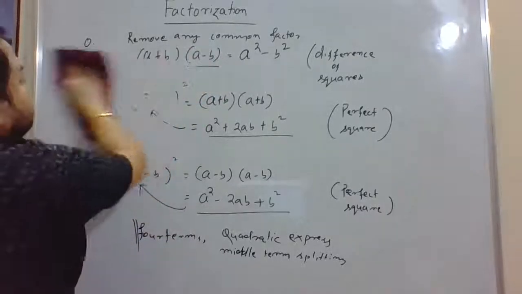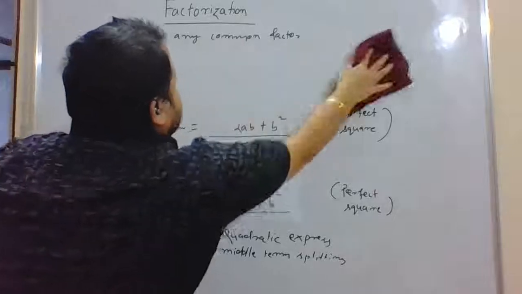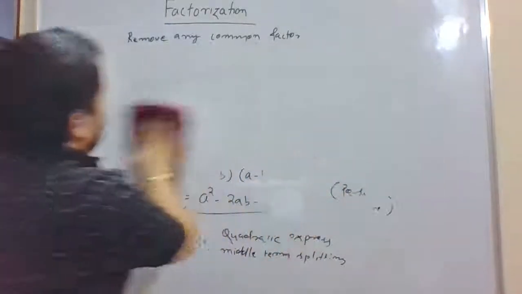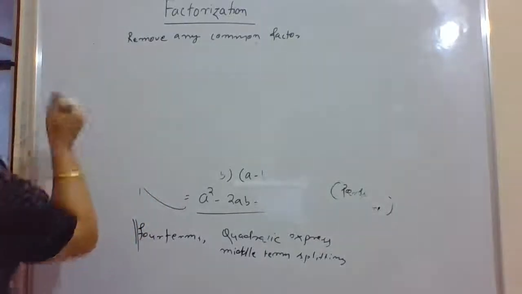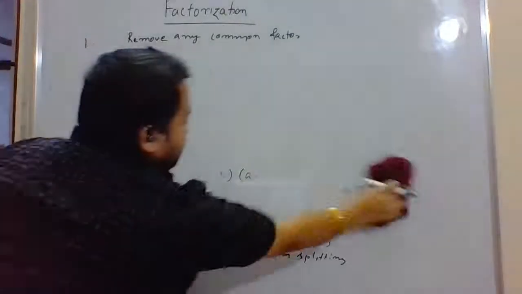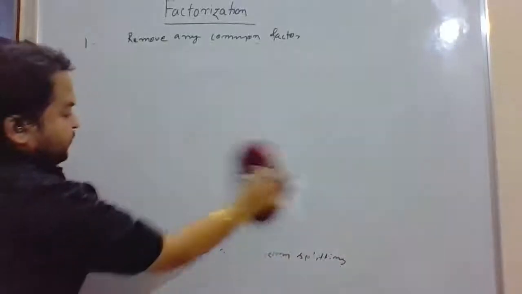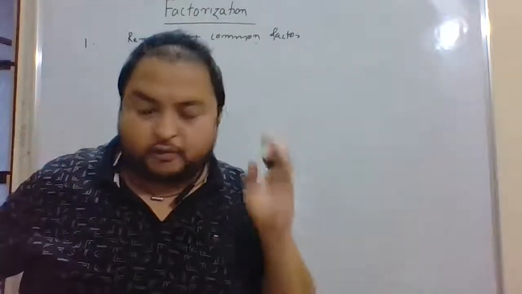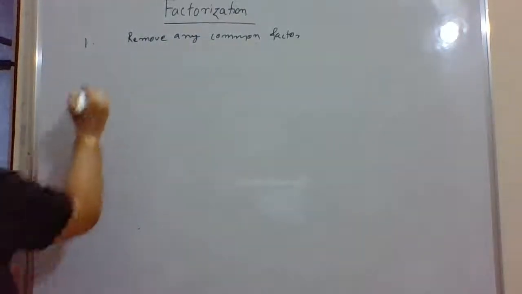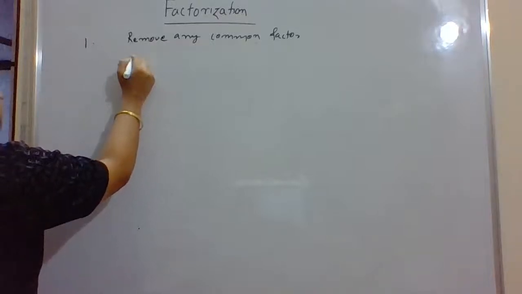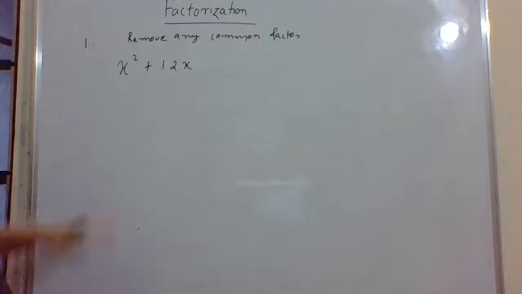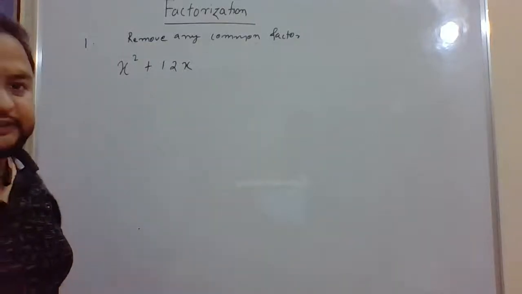So let's go and get started with our practice problems, and we will start with type 1. So let's do some practice problems related to type 1, that is removing any common factors from the expression. Say my expression is x squared plus 12x, and I want to fully factorize this.